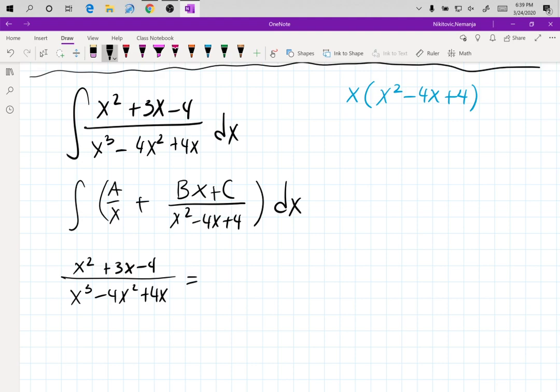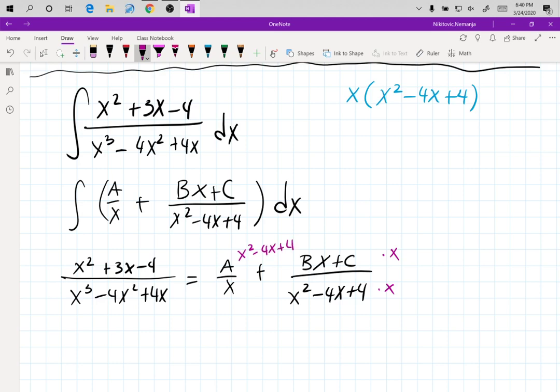And then on the left-hand side, we have our a over x plus bx plus c divided by this x squared minus 4x plus 4. So we're going to multiply the second one by x, because that's what we're missing. And the first one gets multiplied by x squared minus 4x plus 4, right?